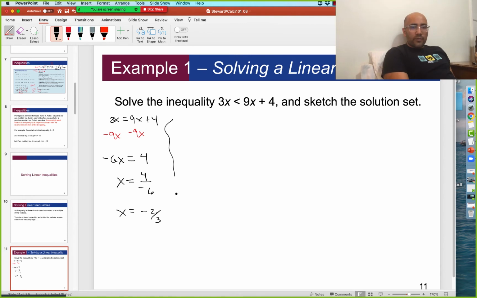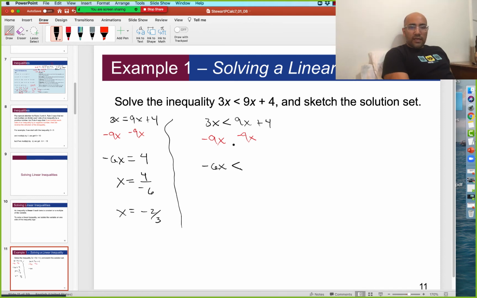Okay, well that's what it would be like if it was an equal sign. So now let's compare that to an inequality. 3x is less than 9x plus 4. We follow the same steps. Let's subtract 9x from both sides. We know that adding or subtracting values to both sides of an inequality does not change the direction of the inequality, so this stays the same.